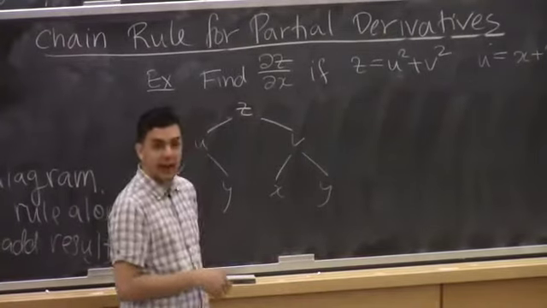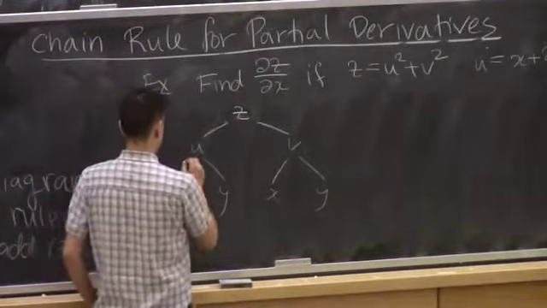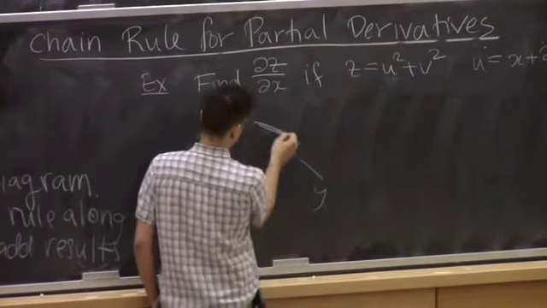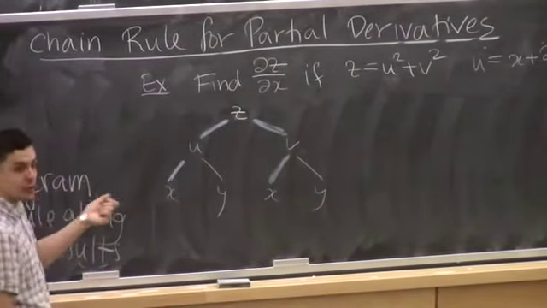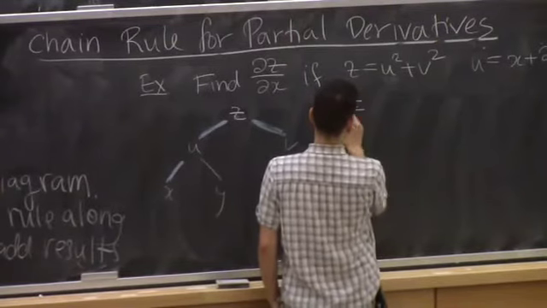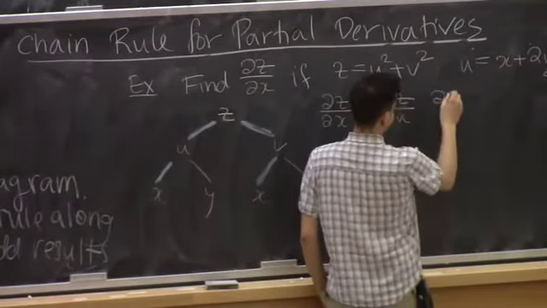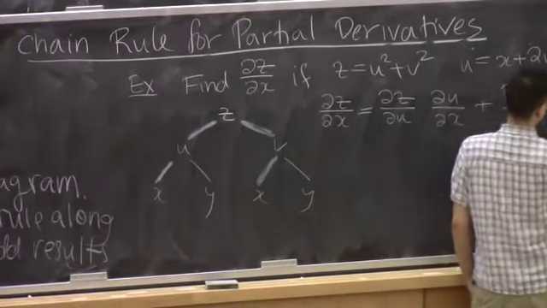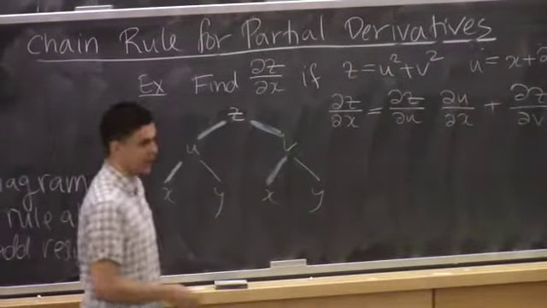We want to find all paths in our diagram that go x to z, like this. And now we're going to sum up along all paths. Okay, so we add over all those guys.